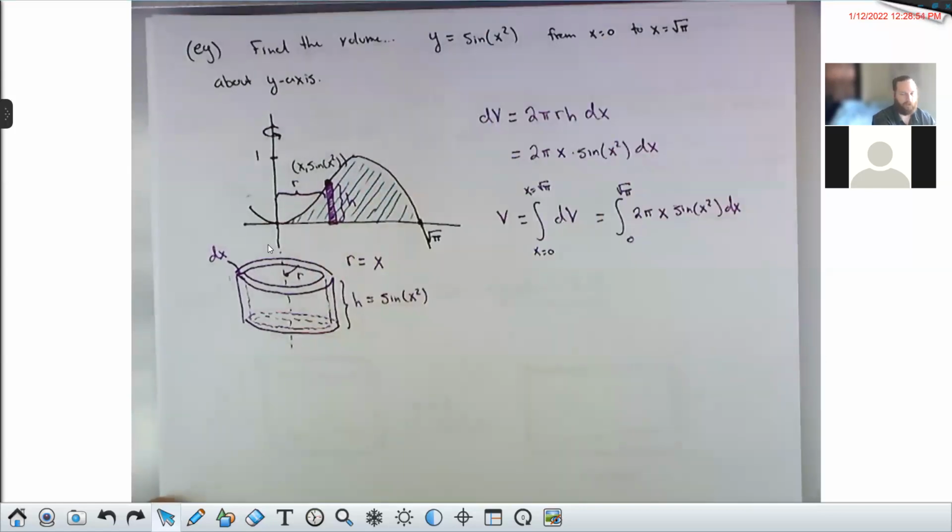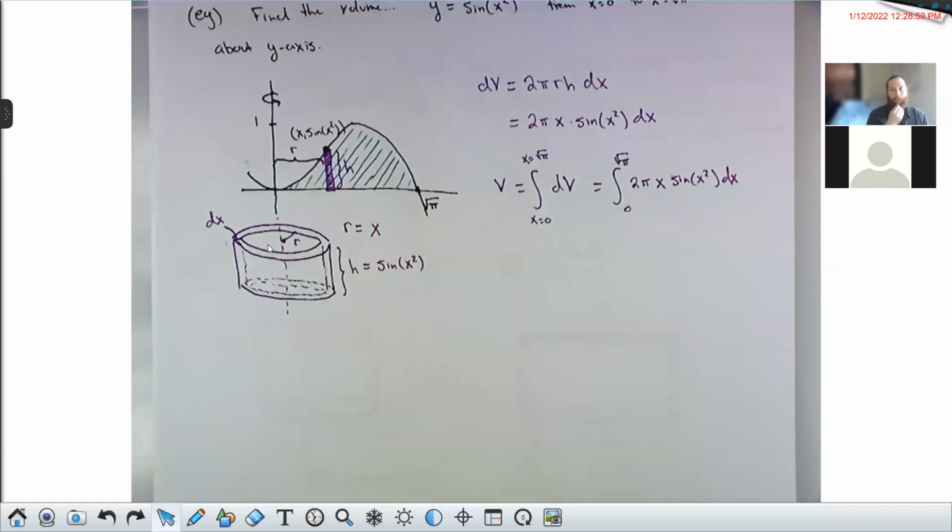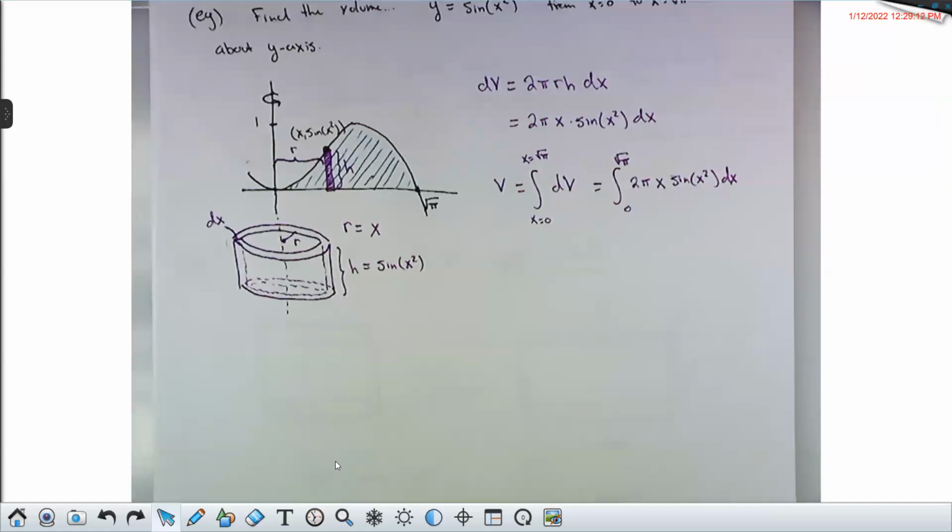And now I ask again, how do we do this integral? It's not bad, but you may have to think about it for a minute. What is my first step? Remember, you can hold spacebar to talk.